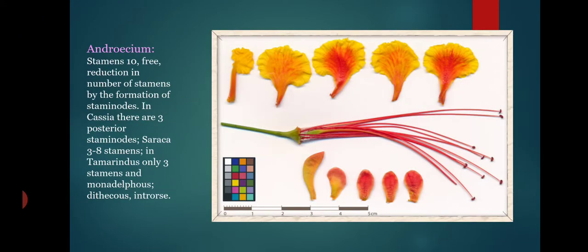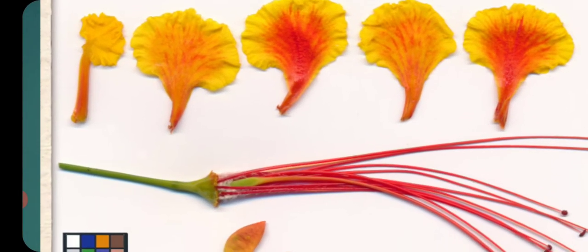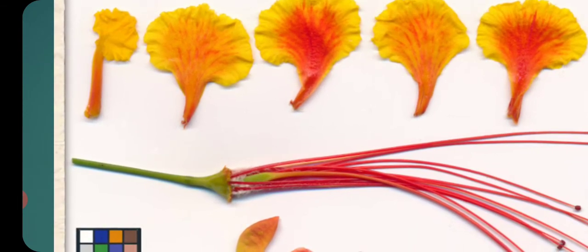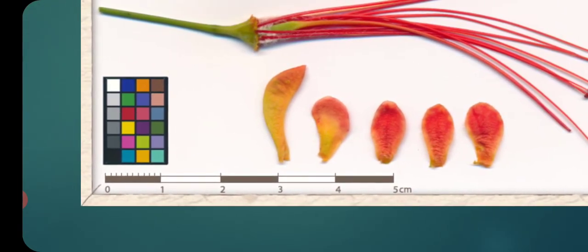Then here we can see a common figure, and here it is the dissected petals of Caesalpinia. 1, 2, 3, 4, 4 are more or less similar, but the fifth one is a clawed petal. And like that, here we can see the sepals are also showing some difference. 4 sepals are similar and the fifth one is curved, spoon like.